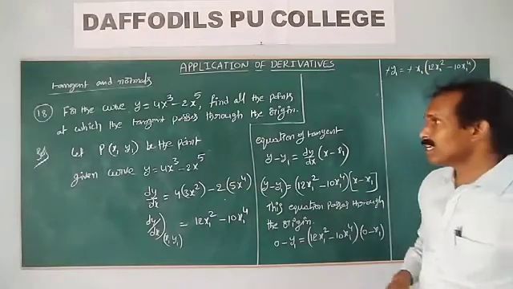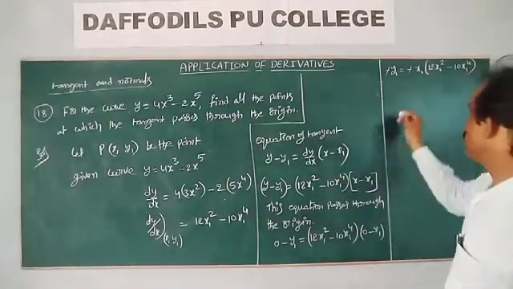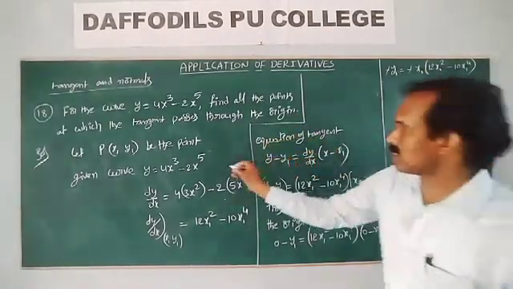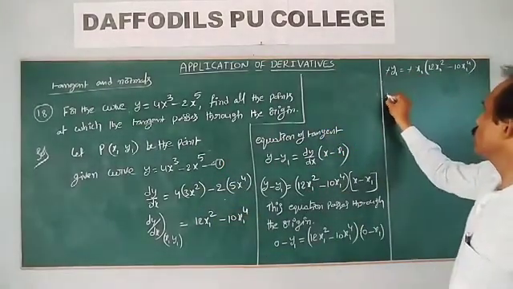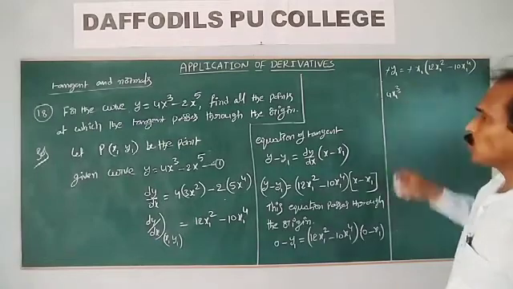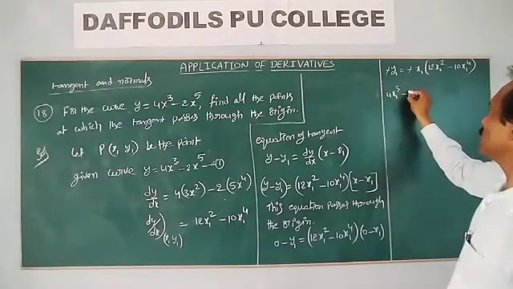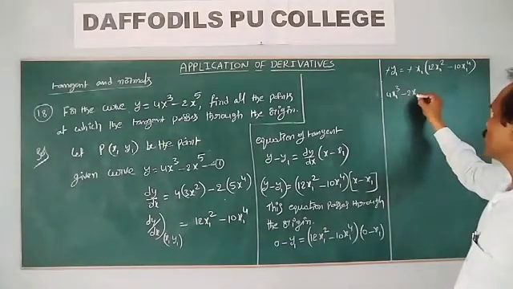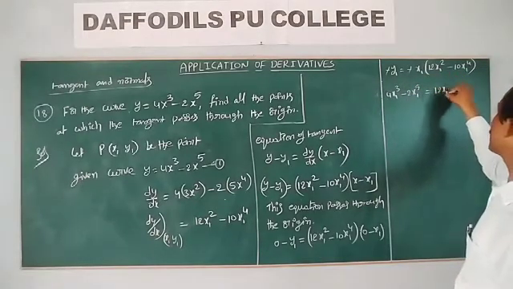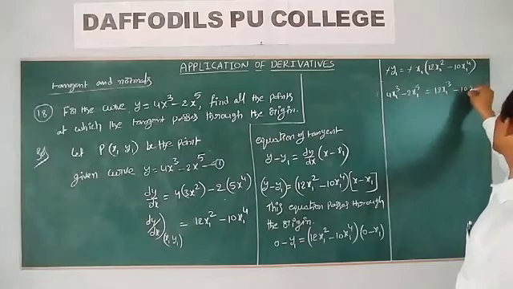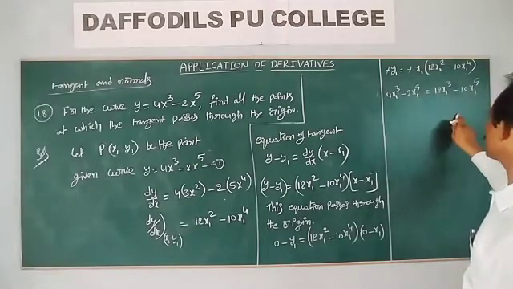The minus cancels. What is y1? From the curve, y1 value is 4x1 cube minus 2x1 to the power 5, which is equal to 12x1 cube minus 10x1 power 5.